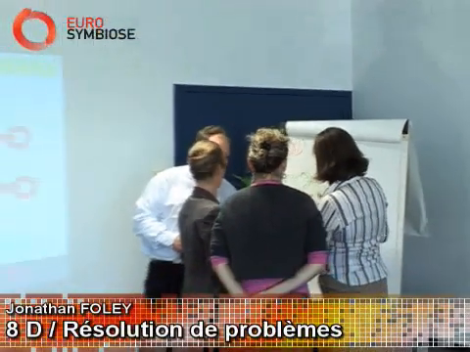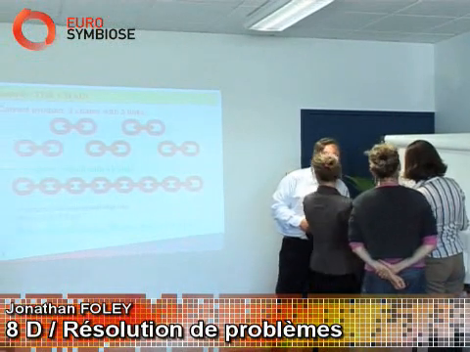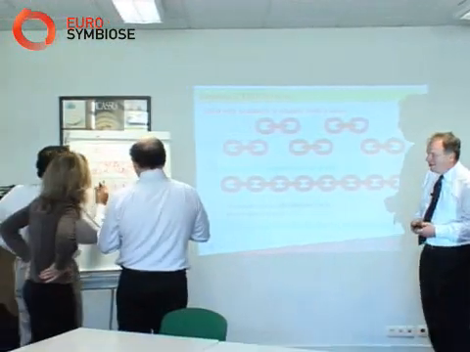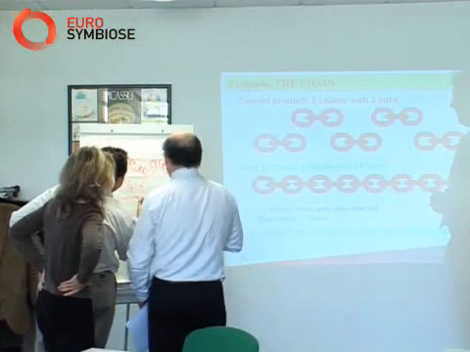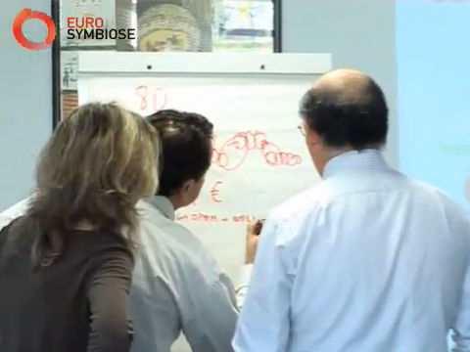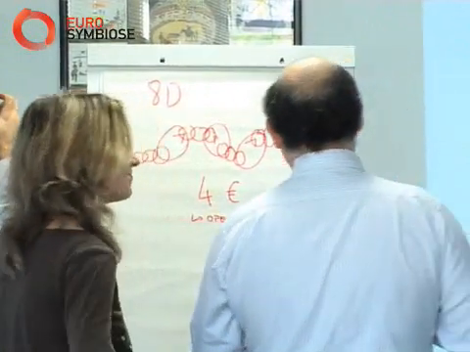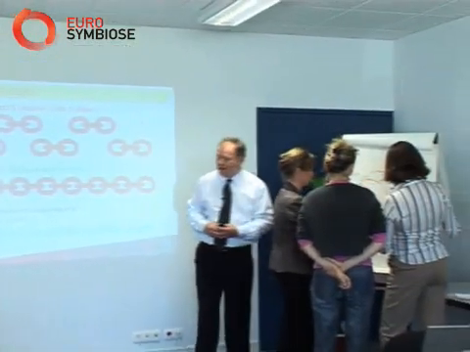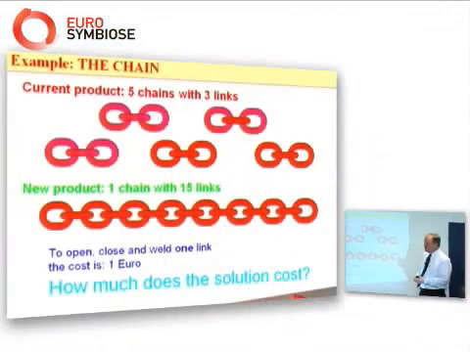How much could it cost? €3? Very good. You've arrived at a conclusion there. Okay, how much will it cost to manufacture the chain? Ça va coûter combien pour fabriquer la chaîne?